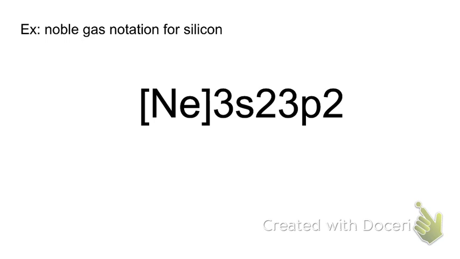And then we can go 3s2 and 3p2 because neon has those initial 10 electrons. And then silicon has an additional 4 on top of that. So it would fill the 3s orbital, but it would only put 2 electrons into the 3p orbital.